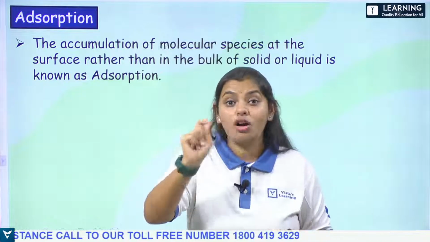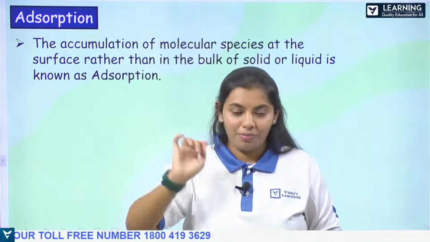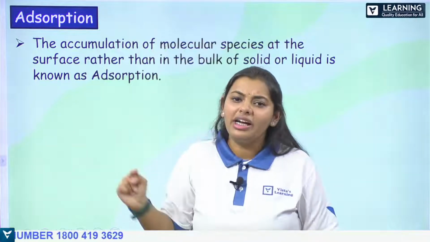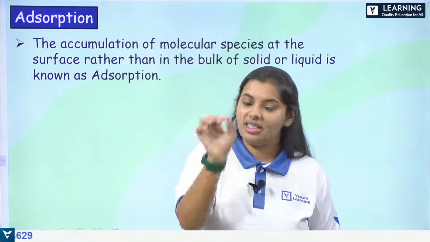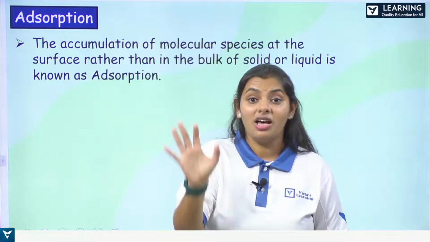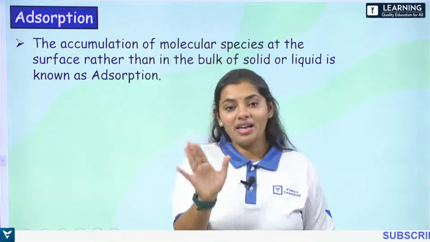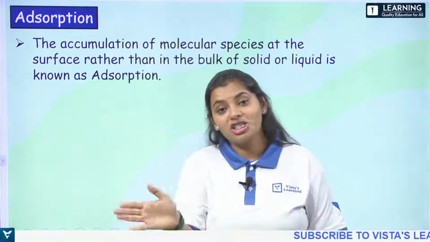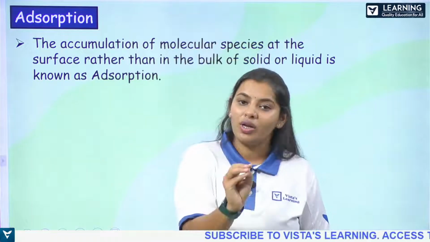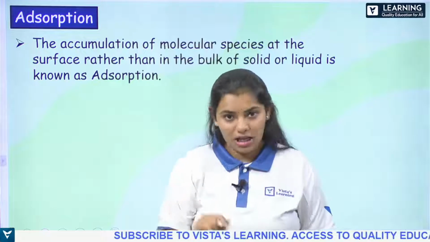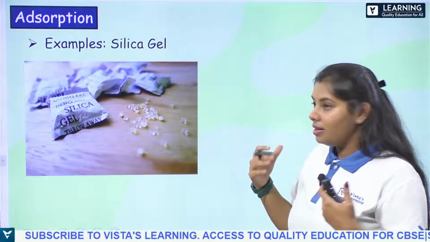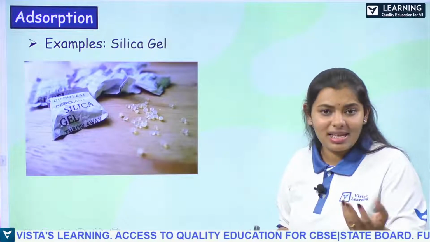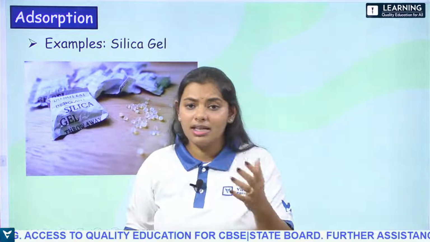When we take chalk and write on the board, the chalk powder is not entering into the board. It is right there on the surface itself. Such a phenomenon, where one species accumulates on the surface of another, is known as adsorption. Simple as that. Another example which we see daily is silica gel.